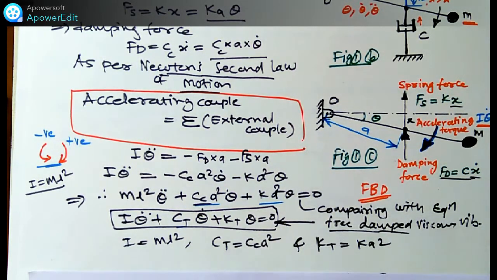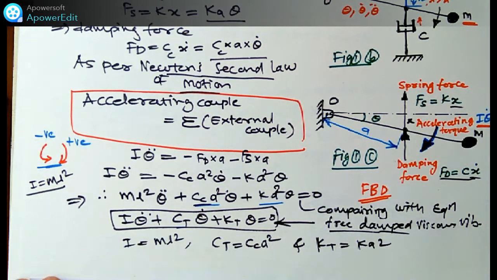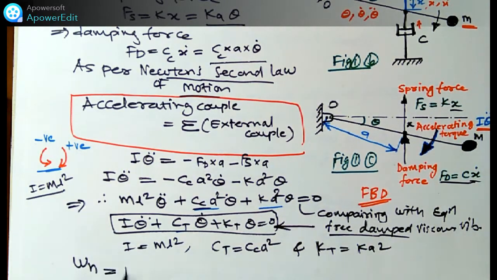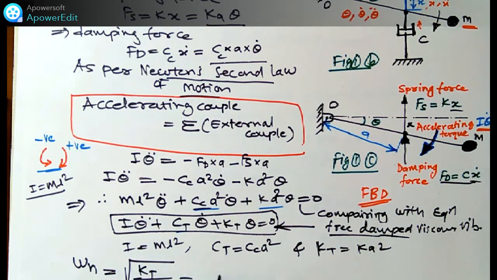So what is the value of omega n? This omega n becomes, you can write here, under root of Kt, which is the stiffness of the spring, upon I. As we know, value of Kt is Ka square, upon I is ml square.